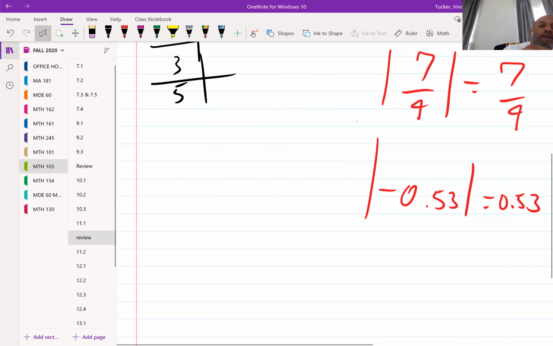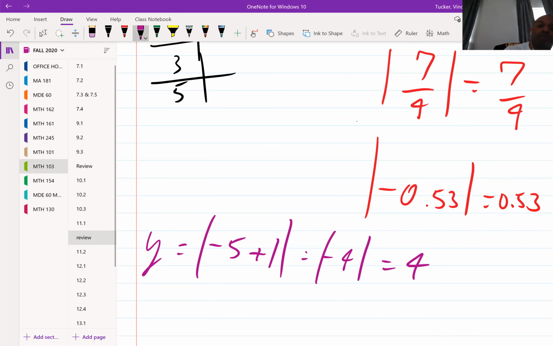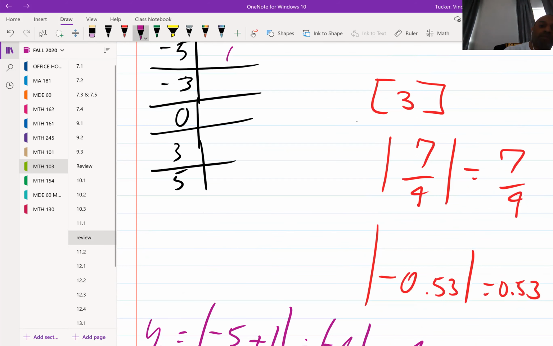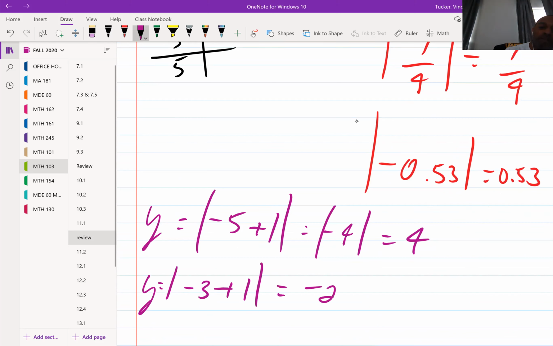So what's going to happen here is that we're going to plug in these values, simplify, and then the result is going to be still positive. So we got -5 for x. That'll be a -4. Absolute value of -4 will be +4. Plug in -3. -3 plus 1 is -2. Absolute value of -2 will be +2.